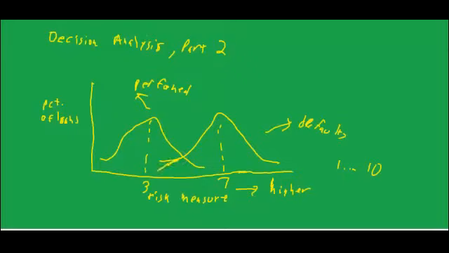So if you want to have very few defaults, then maybe you set your risk measure here, say at 3.5, and you say anything over 3.5, I'm going to reject that loan because I don't want to have a probability of default above this small level.